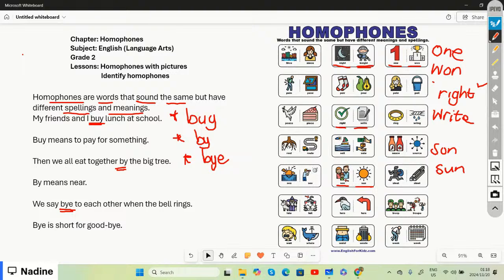So once again, these are words that sound the same, but the spelling as well as the meaning of these words are different. And they are homophones.